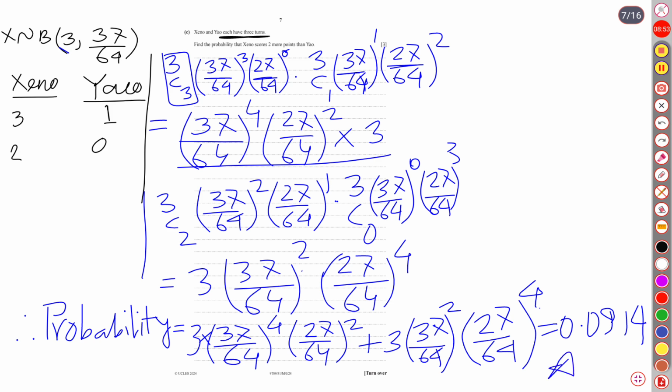That is our answer: the probability of Zeno scoring 2 more times than Yao. I think you have understood the question as I have explained. Still, if any clarification is necessary for you, please let me know.